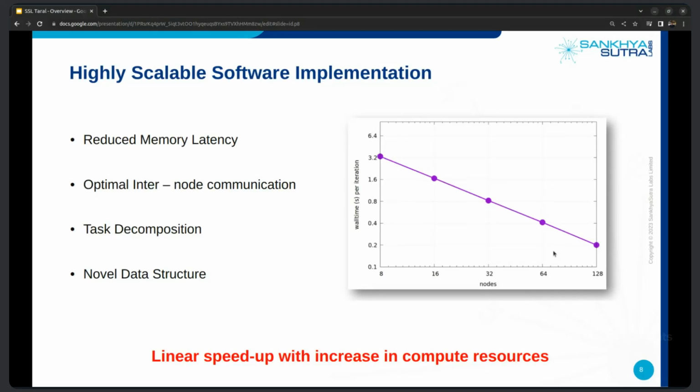Because of the optimization of our data structures to the parallel file system architecture, we are able to achieve something very close to linear. You can treat it as almost linear, as you can see from this graph here. As you double the number of nodes, your wall time for the computation also halves.